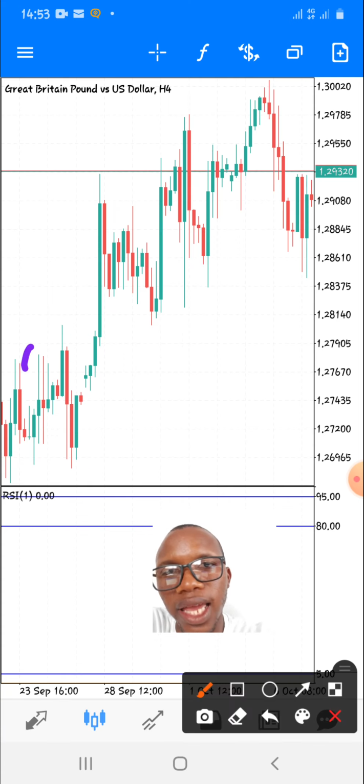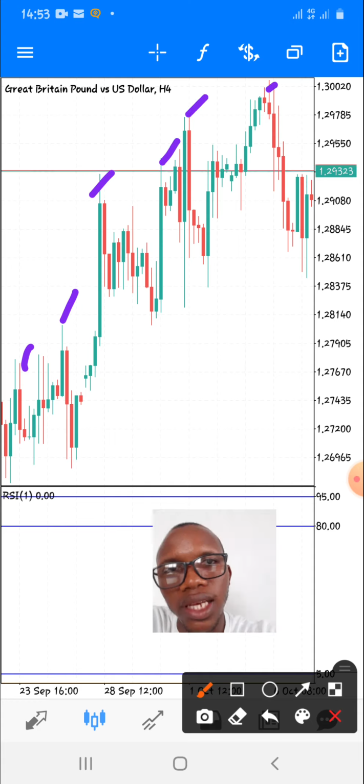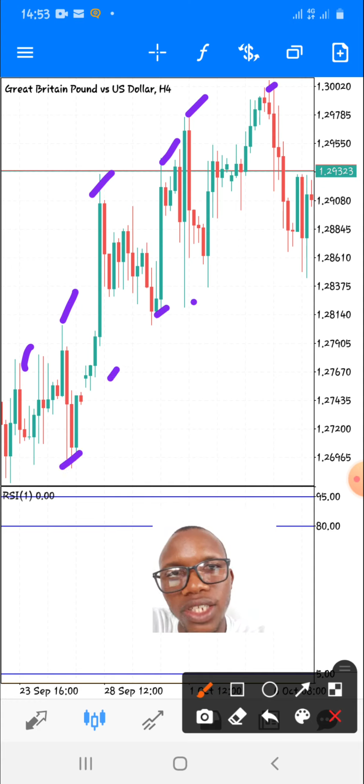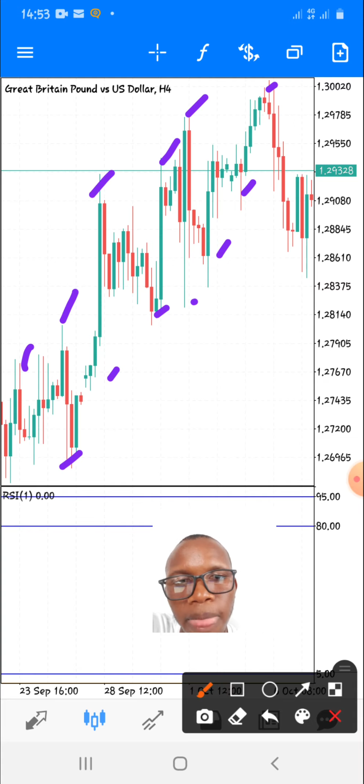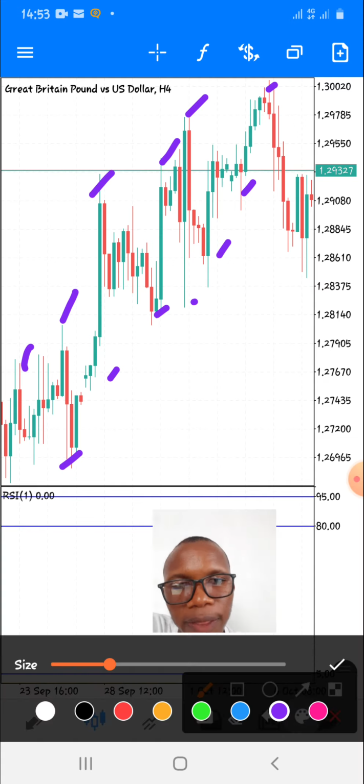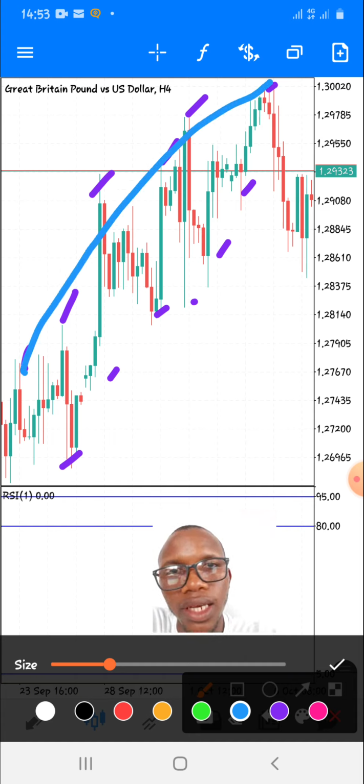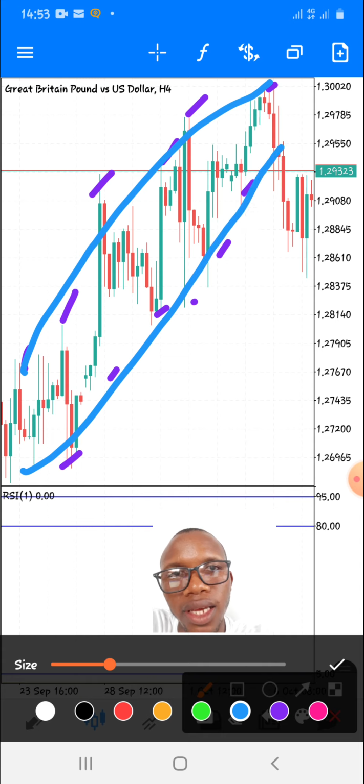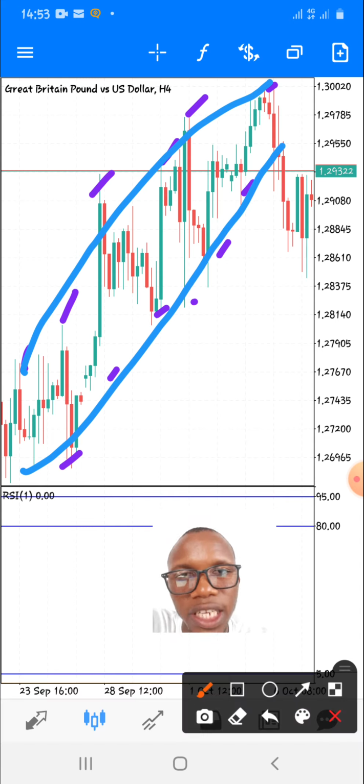Here is a higher high, where the price is touching all these areas. Let me repeat this demonstration because you will need this as we go further. You see here, these are the trend lines that have been respected by the market.